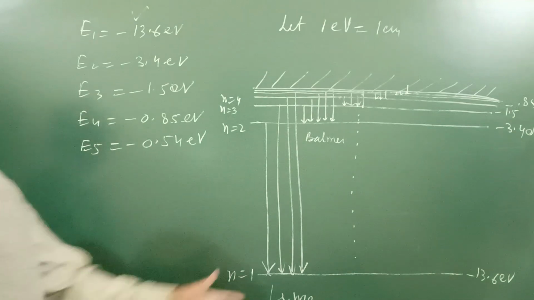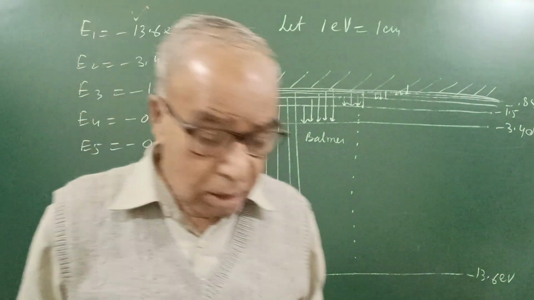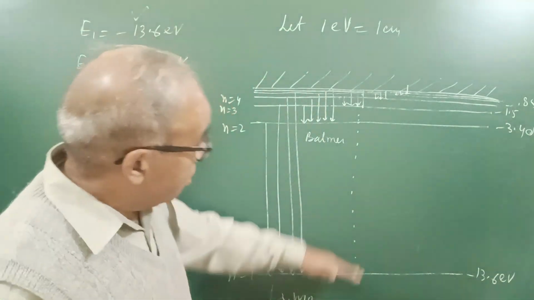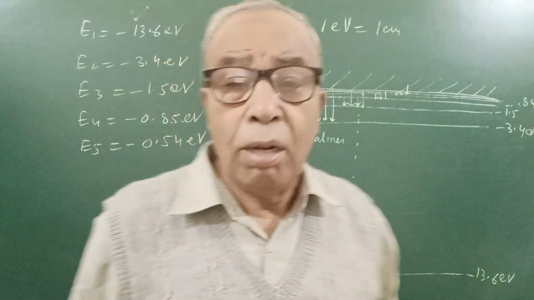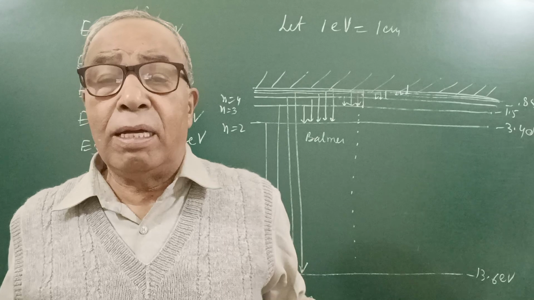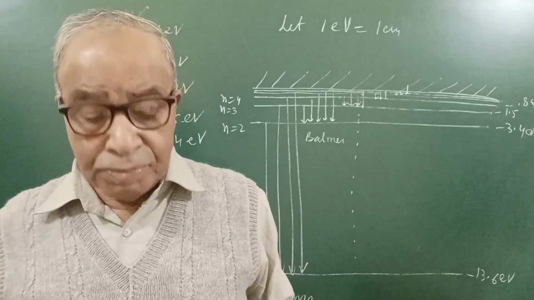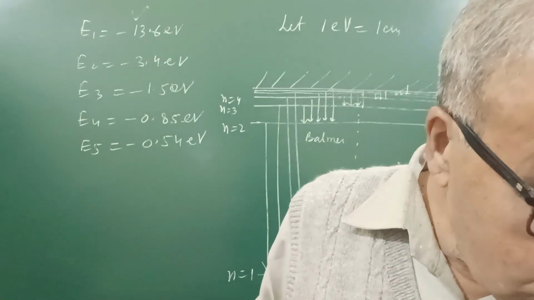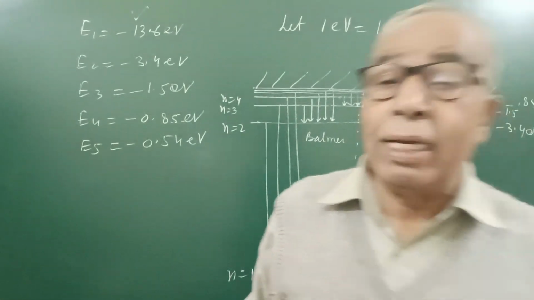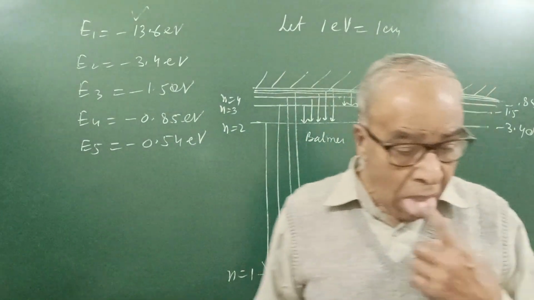So you can get different energy levels. This is called the energy level diagram of atom. You can read the book and practice to draw this diagram, because in 12th class exam the question may be asked: draw the energy level diagram of atom.